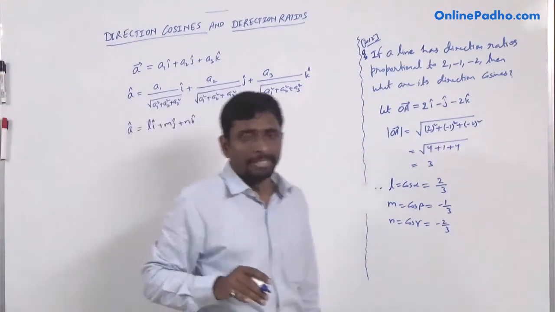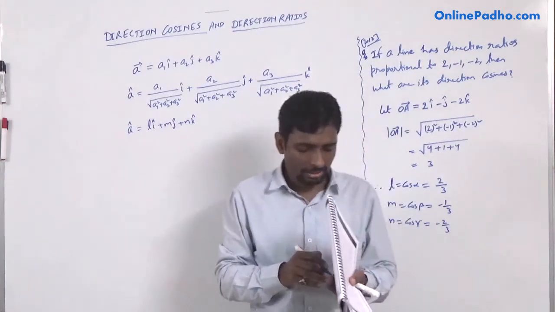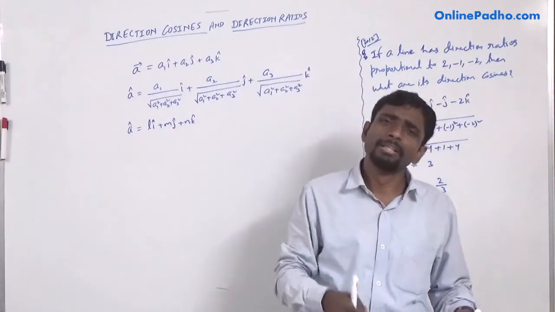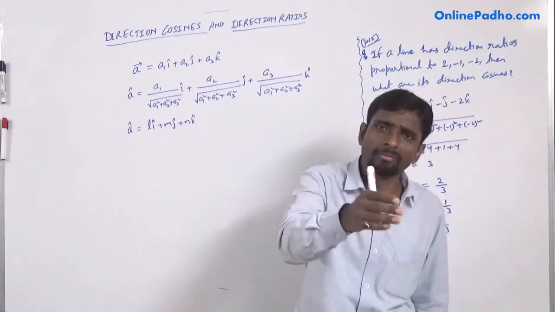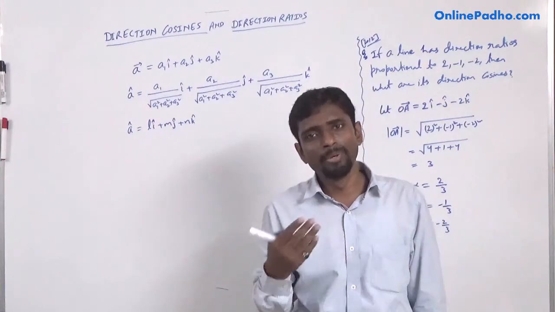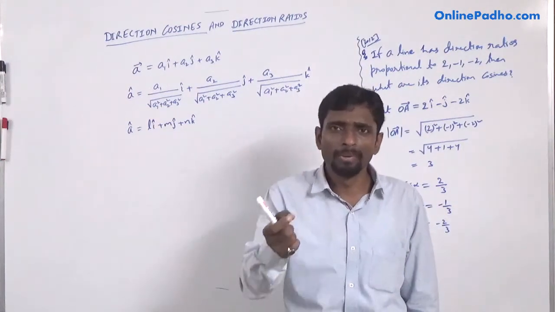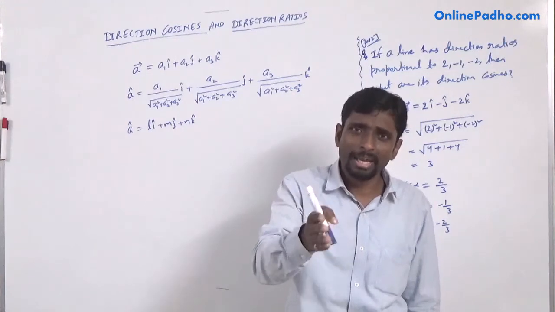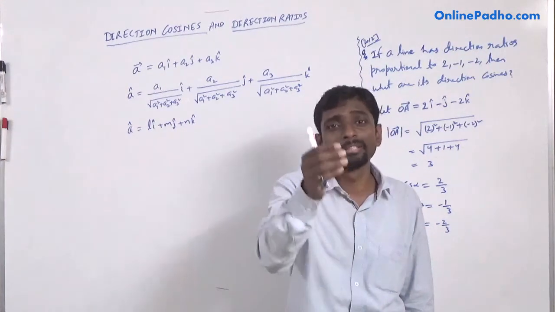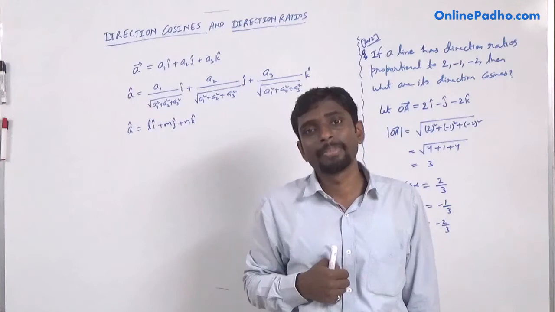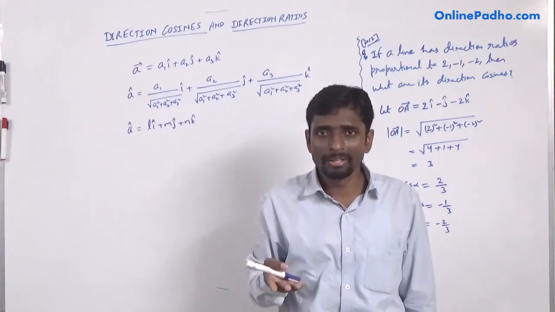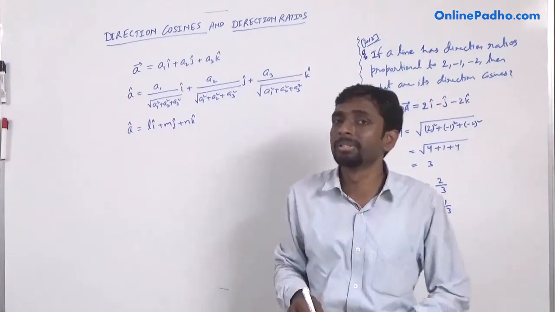Means if you have direction cosines of a vector given, then you can find the unit vector of that vector. And if we have the unit vector given, then the components of the unit vector i cap, j cap, k cap are the direction cosines only. So the unit vector and direction cosines are related to each other, right?